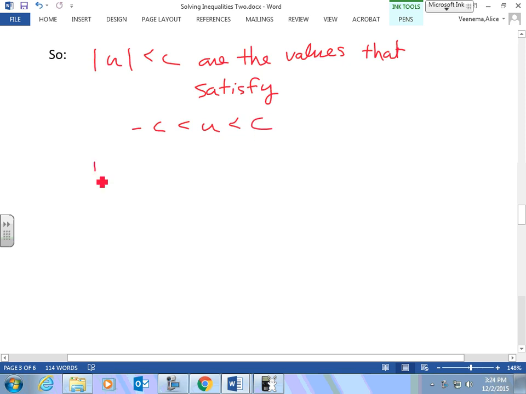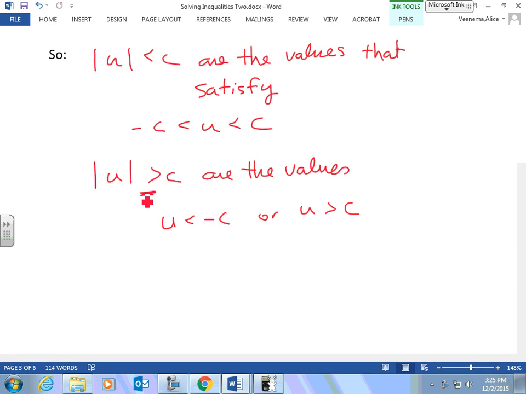And the absolute value of u is greater than c are the values that satisfy u is less than negative c or u is greater than c. So when we've got a greater than, we end up with two intervals as a solution, and when it's less than, we have one interval with two boundaries as our solution.